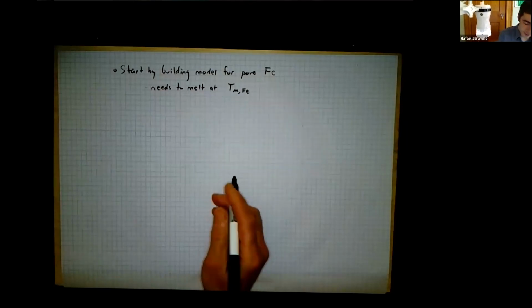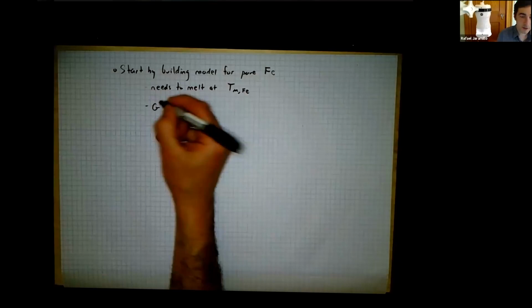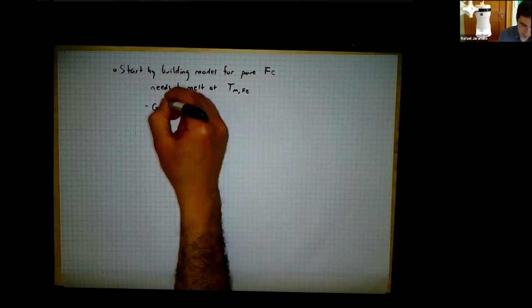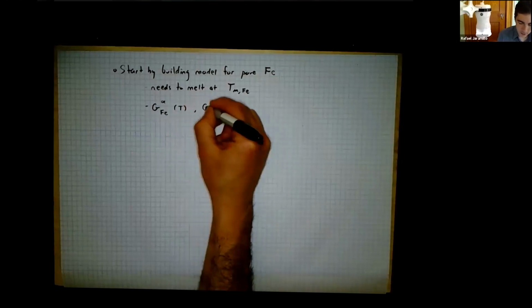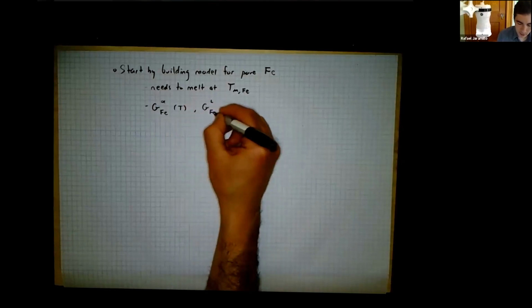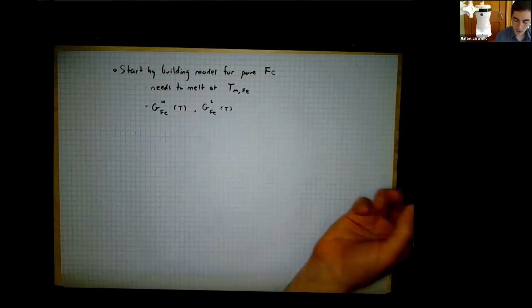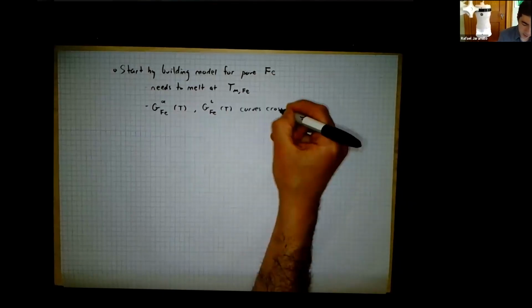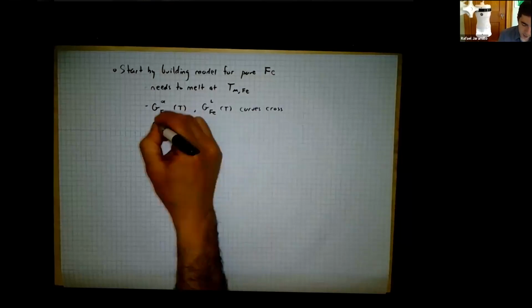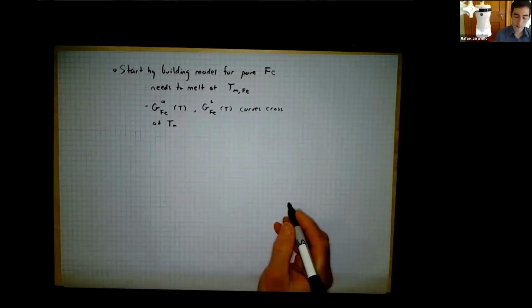So what that means is that the Gibbs free energy of iron in the alpha phase as a function of temperature, and the Gibbs free energy in the liquid phase for iron as a function of temperature, these curves cross at T melt of iron.